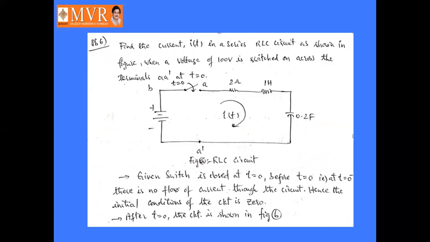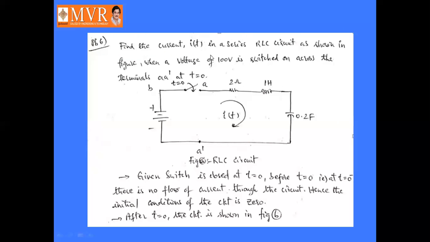And the problem is: find the current i of t in a series RLC circuit as shown in the figure, and a voltage of 100 volts is switched on across the terminals A, A dash.